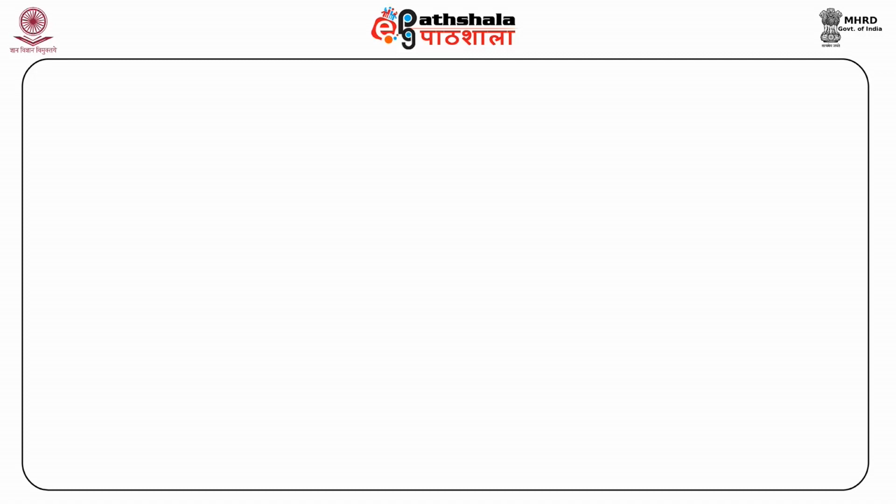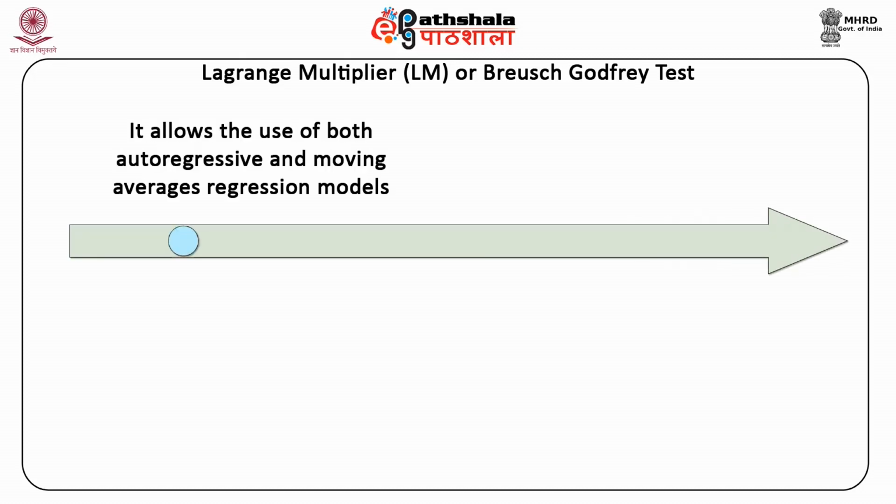Let us now look at another test known as the Lagrange multiplier, LM, or Breusch-Godfrey test. This test overcomes two main limitations of the Durbin-Watson test, namely, first, it allows the use of both autoregressive and moving average regression models.